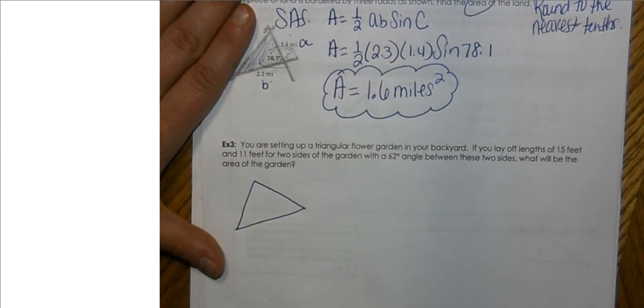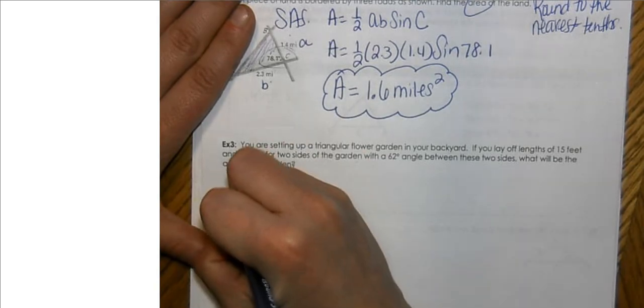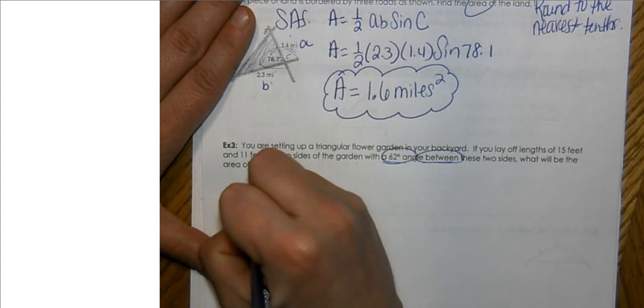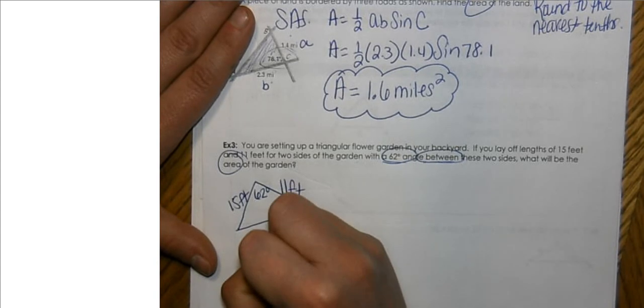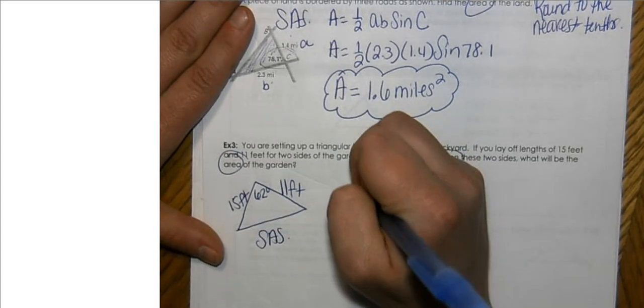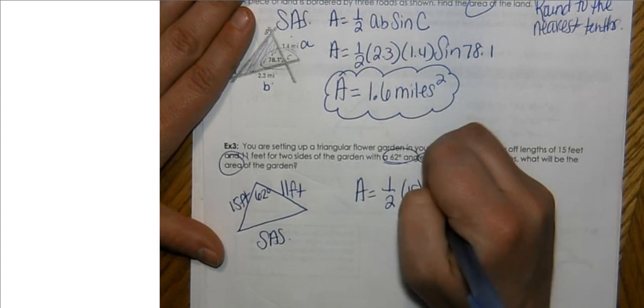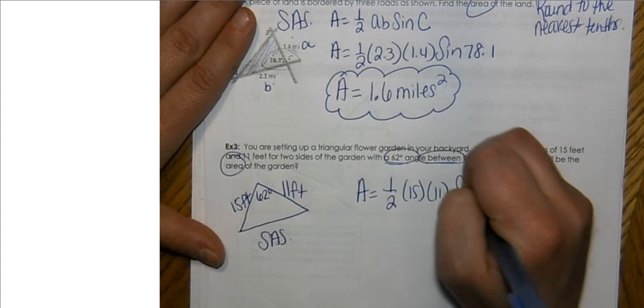It says you lay off sides of 15 feet and 11 feet with the angle between these two sides being 62 degrees. What will the area of the garden be? So once again, we are given side, angle, side. So our area is going to be equal to 1/2 times 15 times 11 times the sine of 62.